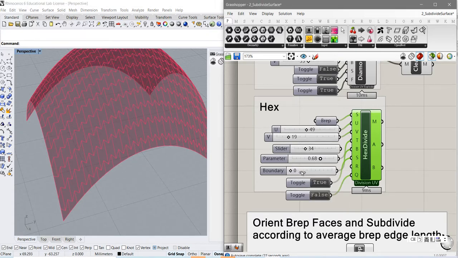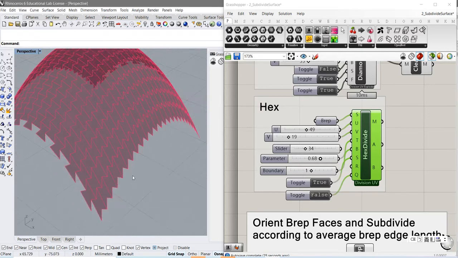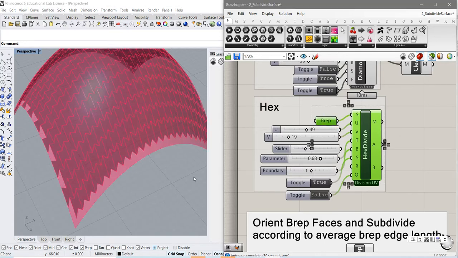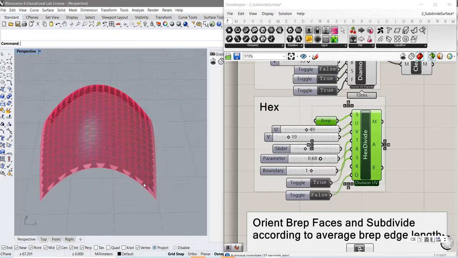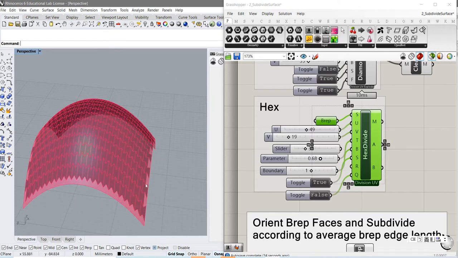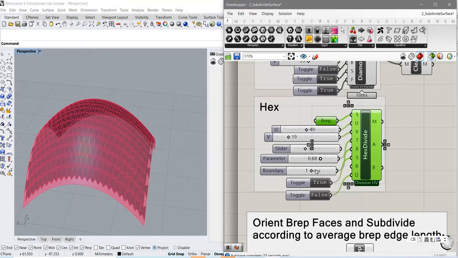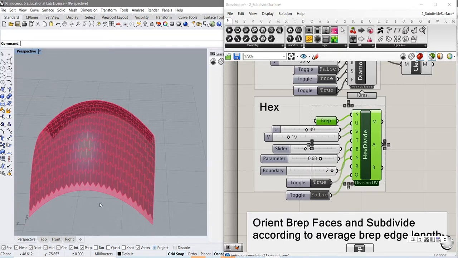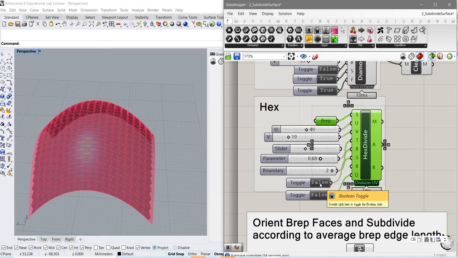But if it is 1, then both sides have this kind of zigzag pattern on the boundary part. Or 2, now one side is smooth and the other side is zigzag. If you want to switch, you can swap them. I think it's this one. Swap. So you swap U and V using this one.